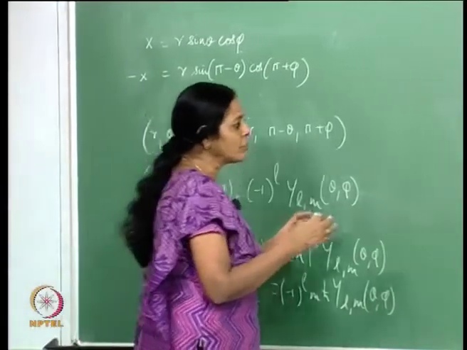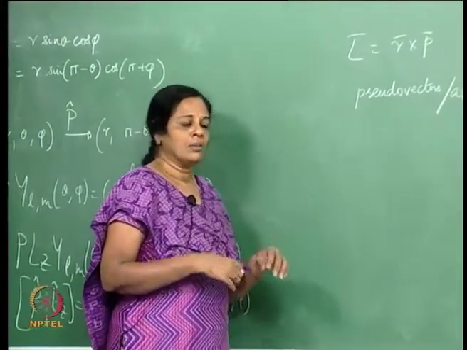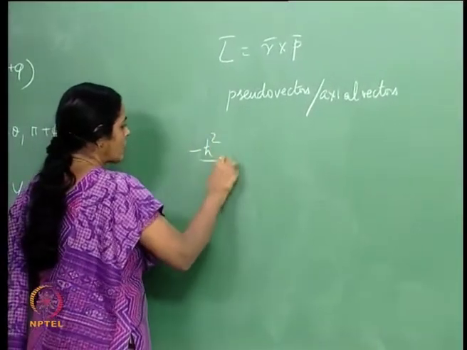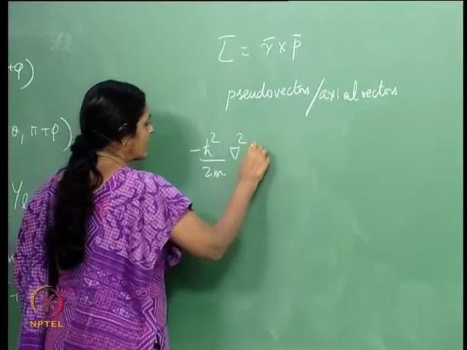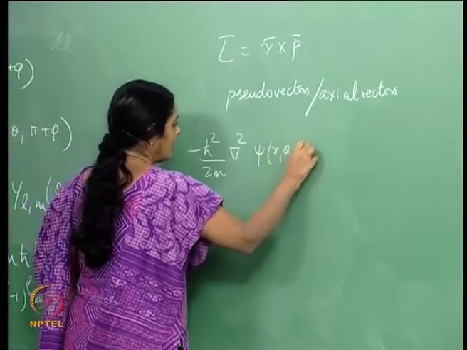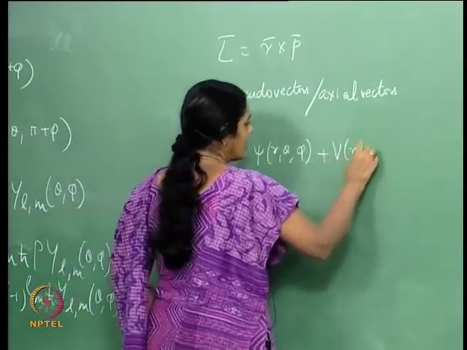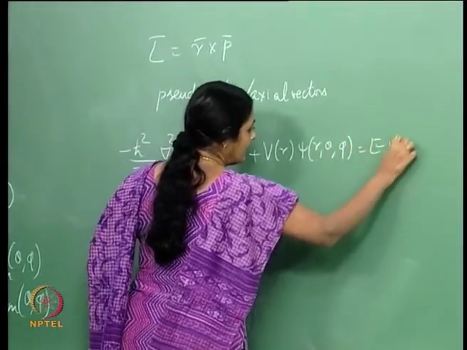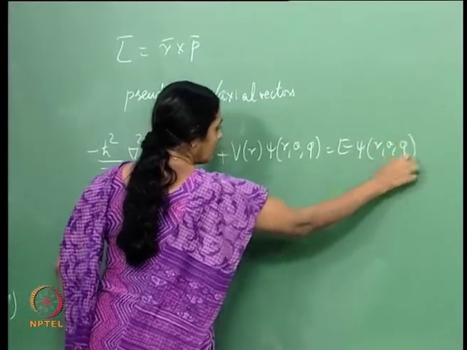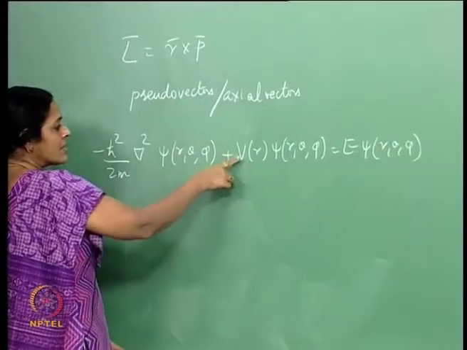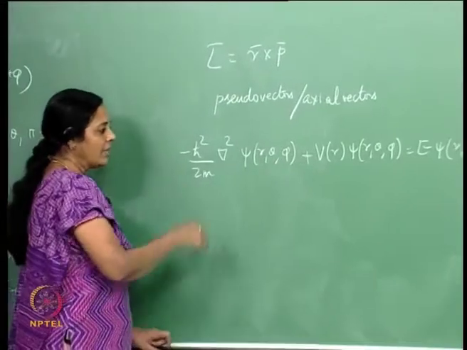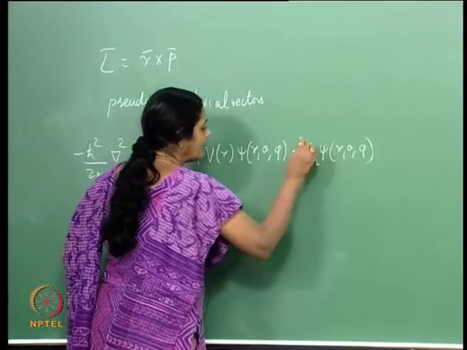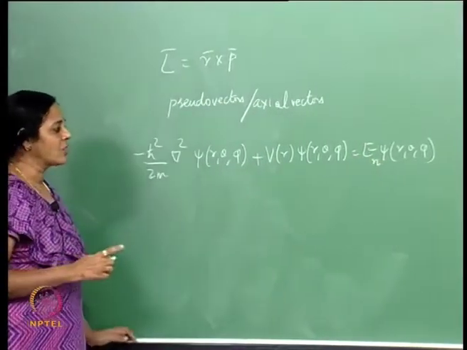Now, of course, if you were doing a problem where you put in the full Schrodinger equation, minus h cross squared by 2m del squared psi of r, theta, phi plus V of r psi of r, theta, phi equals E psi of r, theta, phi, since this problem has a central potential, the Hamiltonian also commutes with L squared and Lz, and that would provide another quantum number n, and n gets quantized.